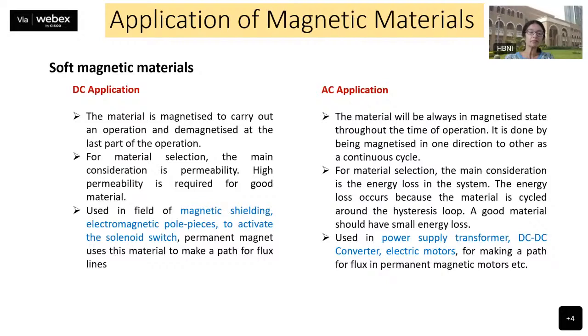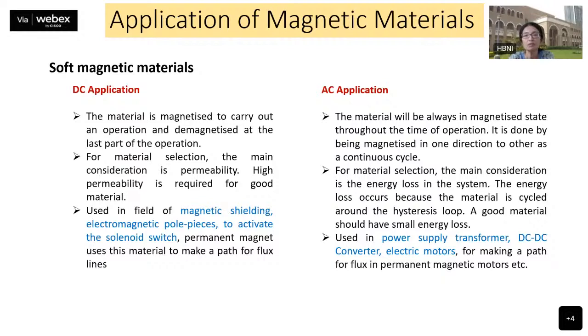Soft magnetic materials can have direct current applications. Direct current, as you know, is current applied in one particular direction. The material is magnetized in this case to carry out an operation, and then it is demagnetized at the last part of the operation. For material selection in DC application, the main consideration is going to be permeability.